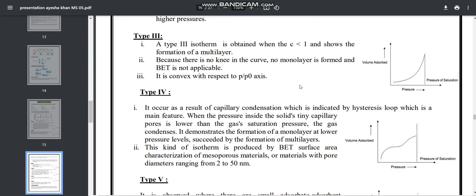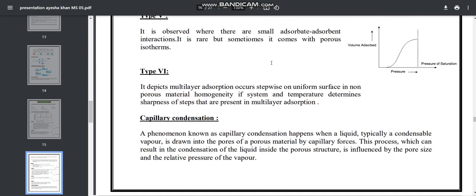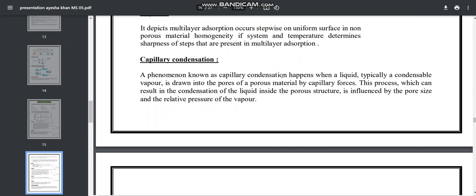The next is type 4 isotherm. It occurs as a result of capillary condensation. Capillary condensation is basically a phenomenon that happens when liquid, typically condensed vapor, is drawn into the pores of porous material by capillary forces.